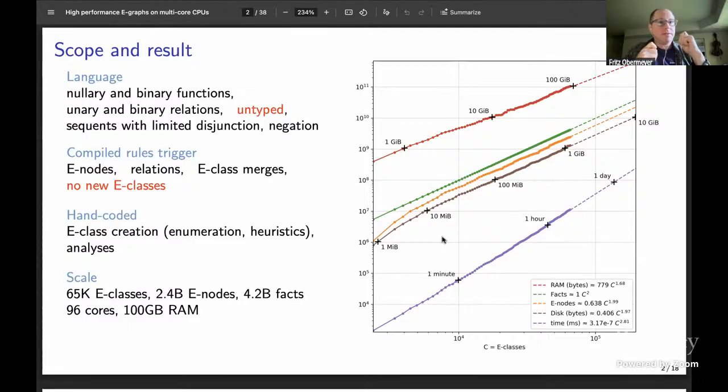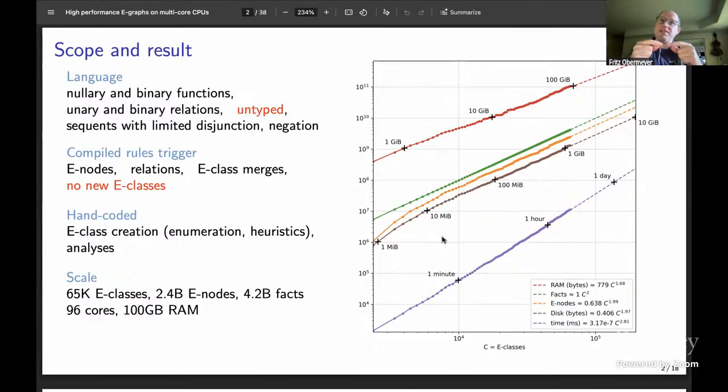So this is a property of your rules more than of your engine, or is the engine specialized to this in some way? I guess I think so. I think of the equality saturation engine as not having a way to allocate new e-class IDs within the rule execution. There's a virtual machine. It has ops. There's no op that says create a new e-class.